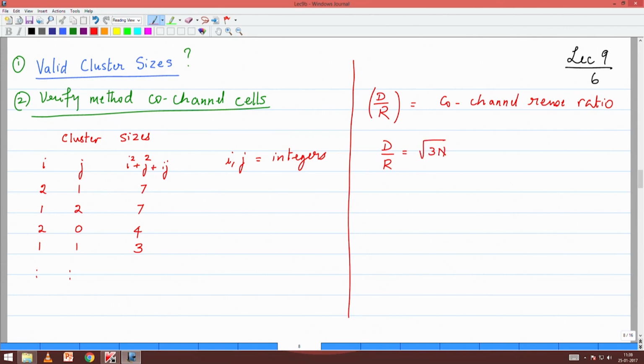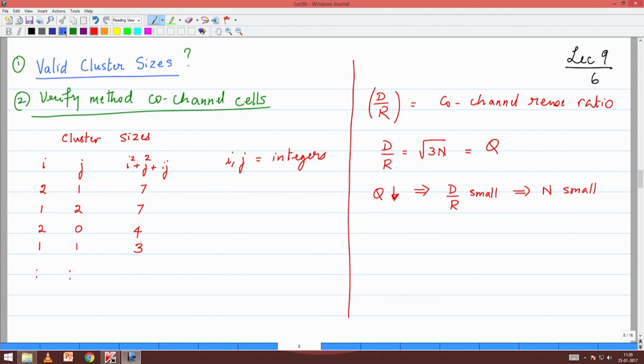So let's spend a few minutes, because this is a very important parameter. It is actually denoted by the letter Q, in some sense to denote that it's a quality measure, and we will justify the fact that it is a quality measure. Now what happens if Q is small? If Q is a small value, this basically implies D by R is a small value, which implies that n is small. Am I right? Your cluster size is small.